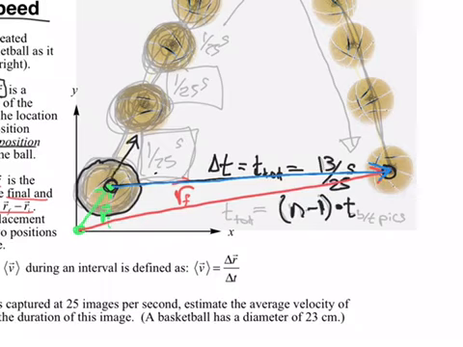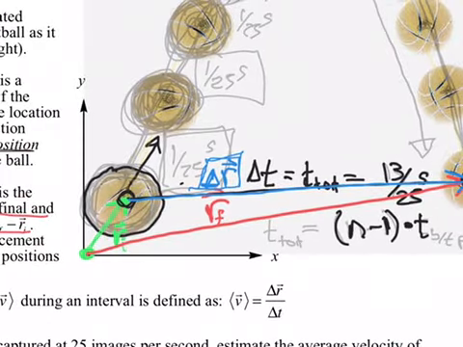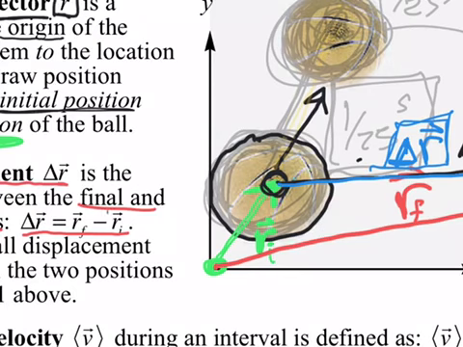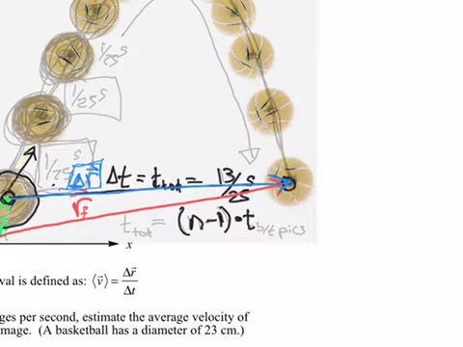This is going to be our delta r vector, from the initial to the final. Make sure you're always drawing the arrow starting from the initial, the thing that is being subtracted, and ending at the final position vector, where the ball ends up later.